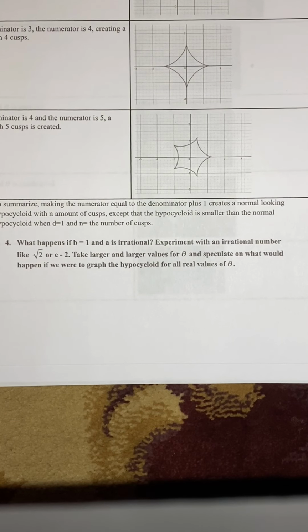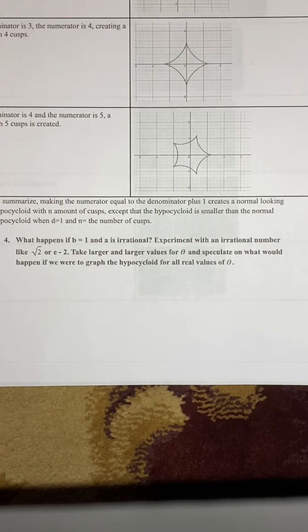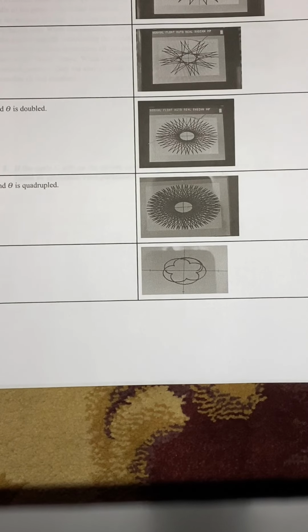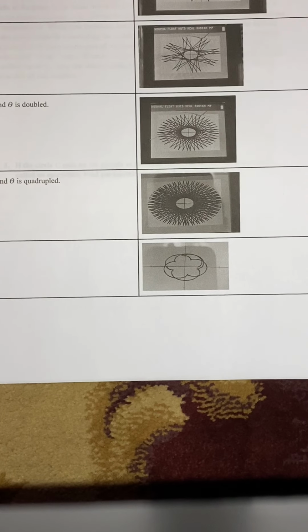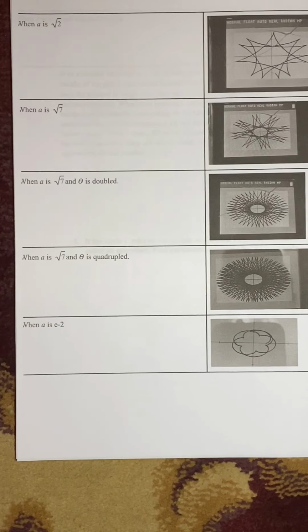Number 4 for our lab posed the question of what would happen if b stayed 1 but a became an irrational number. We explored this question using radical 2, radical 7, and e minus 2. When the values of radical 7 and 2 were used, the graph displayed a strong overlap of multiple cusp shapes, like so, with the formation of some sort of oval in the middle.